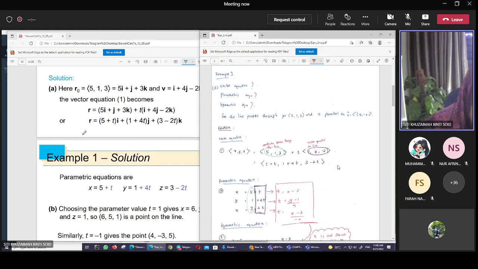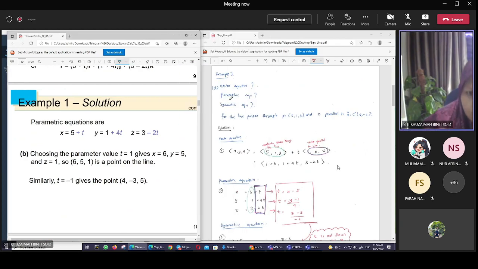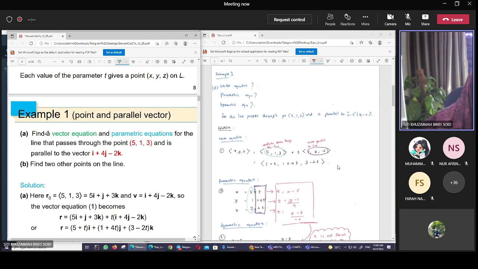Let's look at this slide because I just follow through this slide. Example 1: find a vector equation. This question is asking for two forms of equations of a line, one in vector form and the second in parametric form, for the line that passes through this coordinate with this parallel vector.